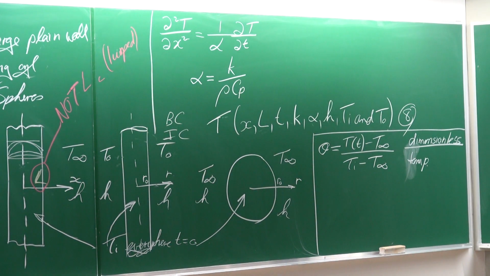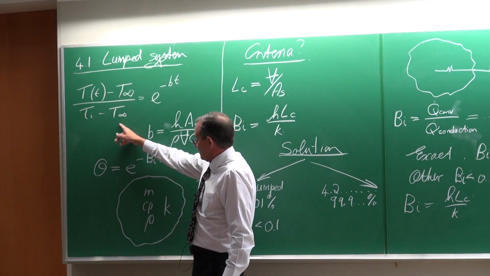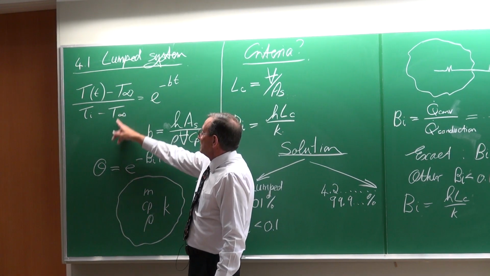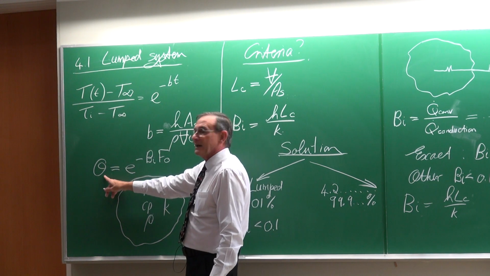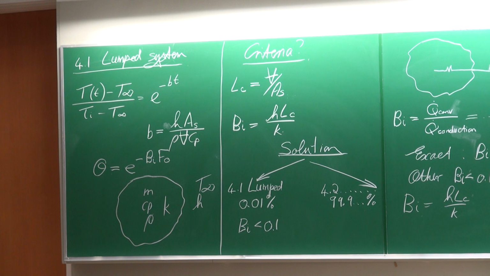Just go back to the lump system approach. You see this temperature, we set it equal to theta, and if you go and look at it, you will see that theta can only vary between 0 and 1.